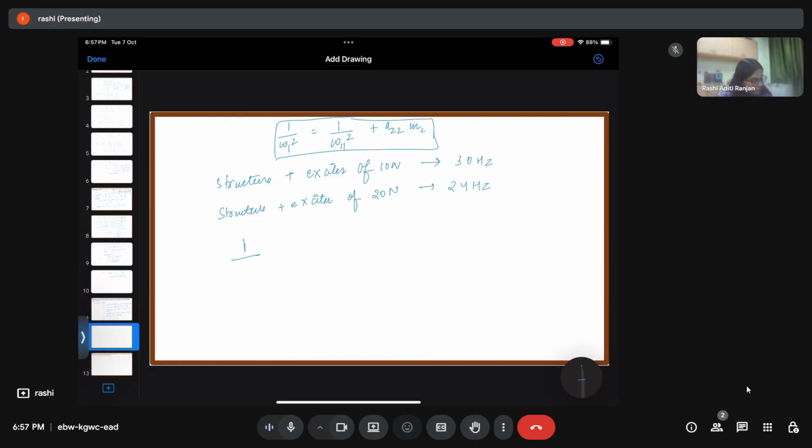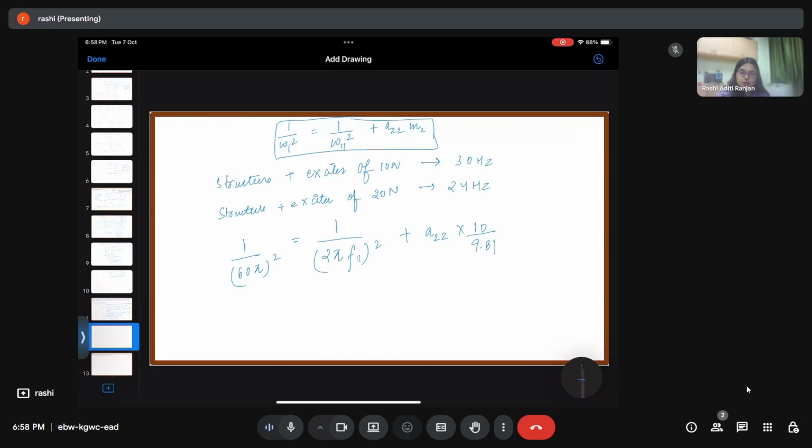So we have 1 by 2 pi 30, or 60 pi, square is equal to 1 by 2 pi f11 square plus A22 into 10 divided by 9.81.